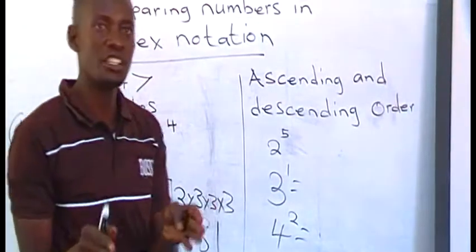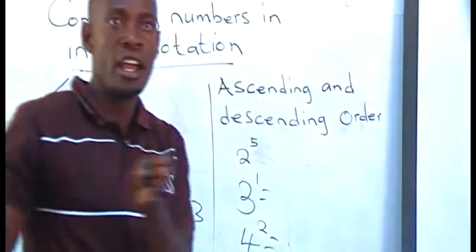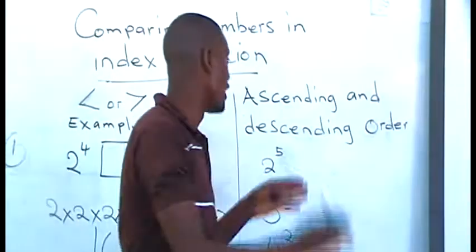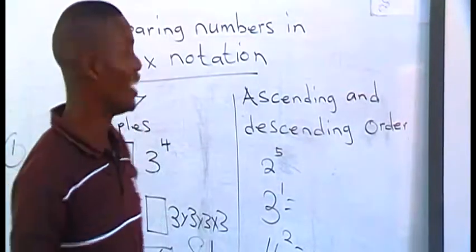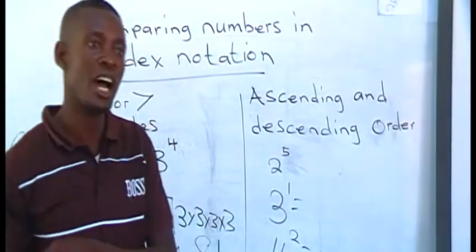When you are arranging numbers in ascending order, you start with the smaller number, from the smallest to the biggest. And when you are arranging numbers in descending order, that is vice versa. You start with the bigger number going to the smaller numbers.